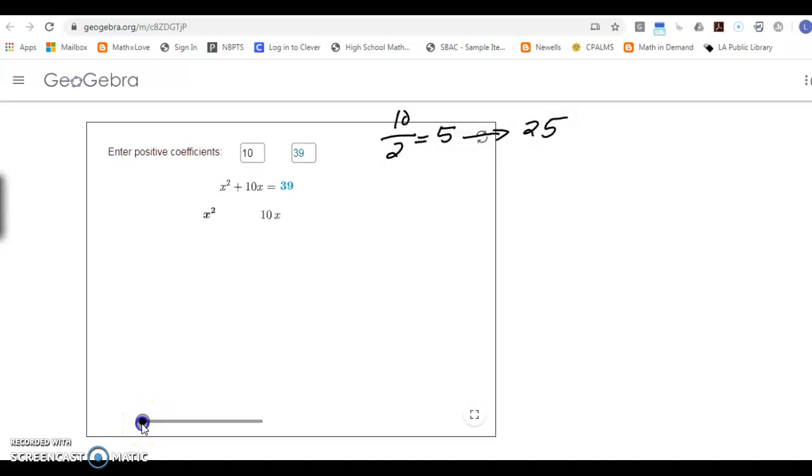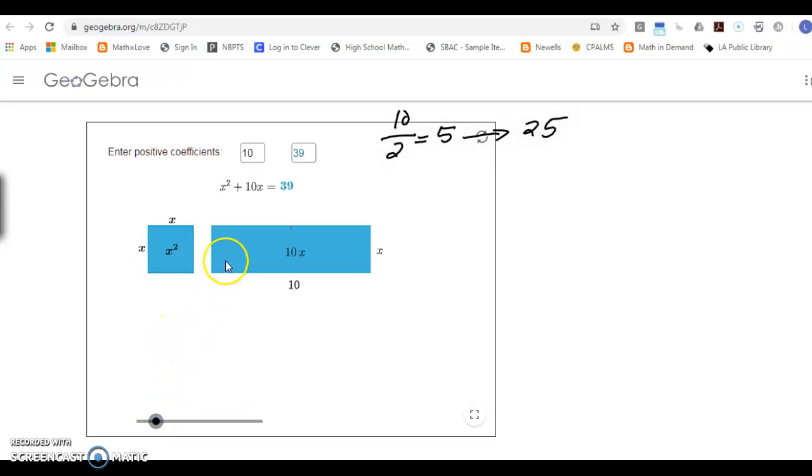So first, if we remember what we did before in class, we used some algebra tiles, right? So we represented polynomials by using algebra tiles. The x squared is represented by this square tile, and the 10x is represented by this rectangle with dimensions 10 and x.